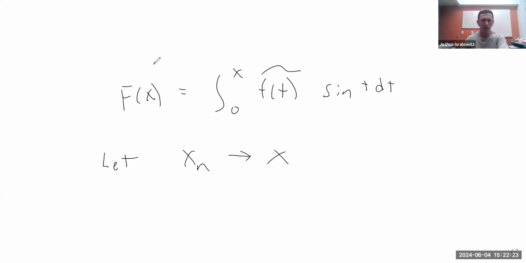Nothing special about that, really. If you want to do absolute continuity, you could do that on the real line, but typically you do that on a closed interval.